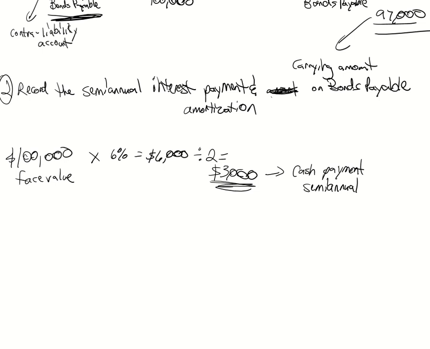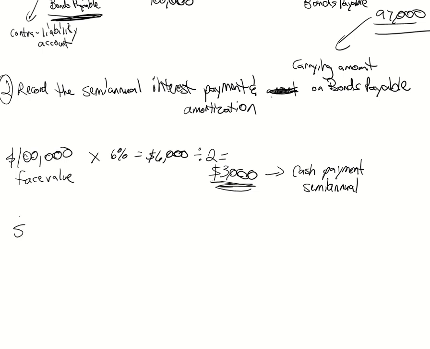So first thing we need to do, we need to break down the cash payment amount of $3,000 semi-annually, and figure out how much of that is going to be in total for the 10 years of the bond.